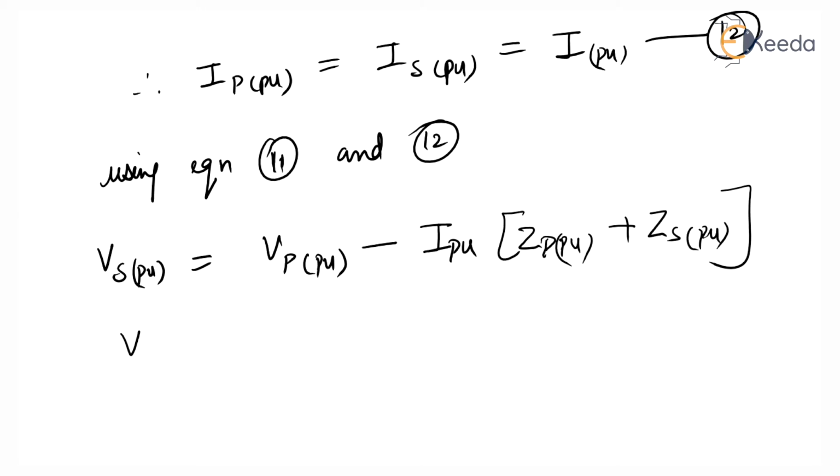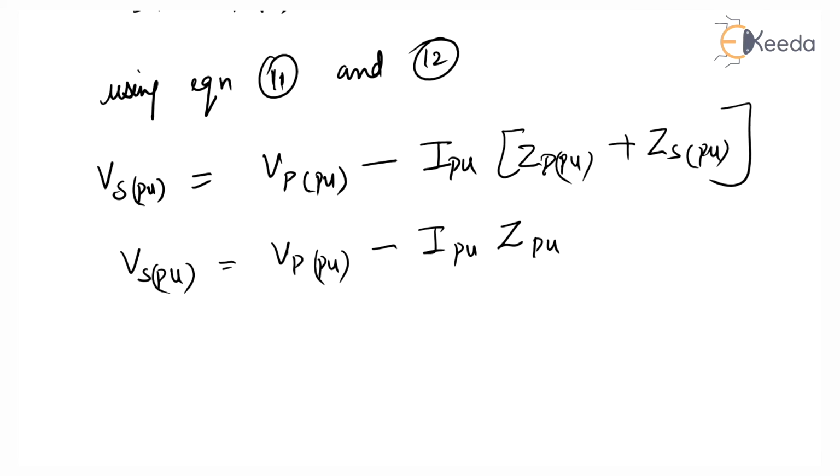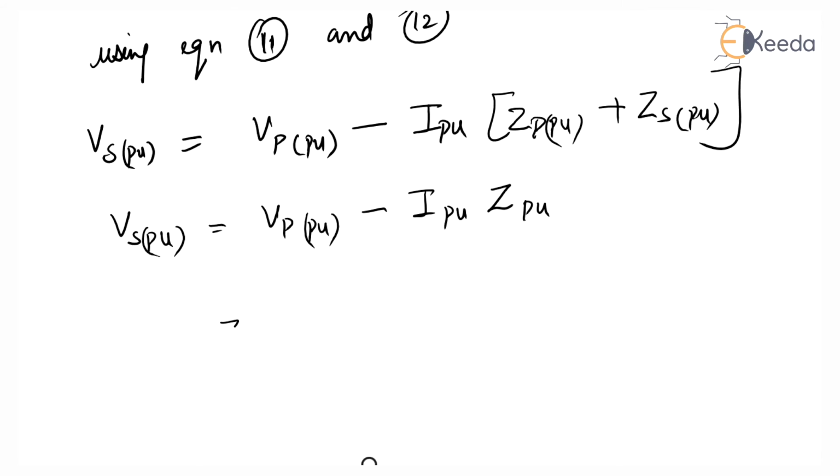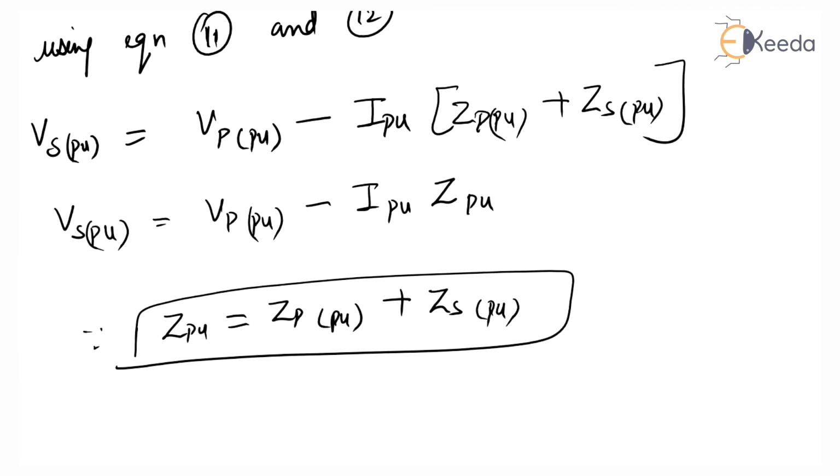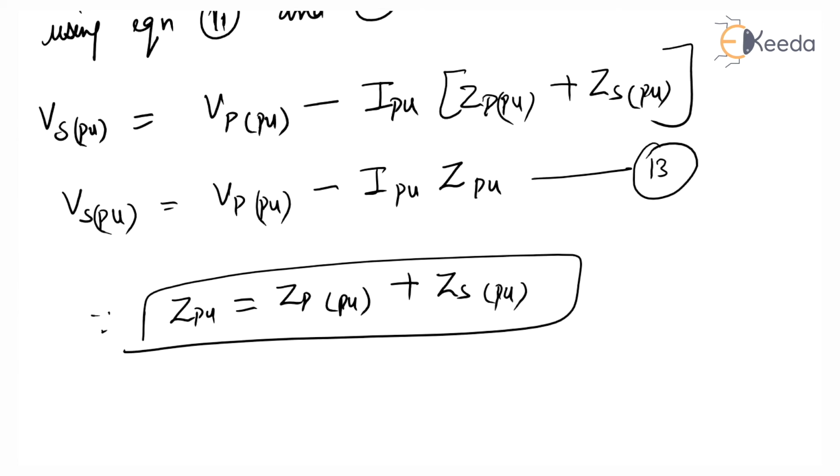Now we can write Vs per unit is equal to Vp per unit minus Ip per unit into Z per unit, where Z per unit is equal to Zp per unit plus Zs per unit. So this is equation number 13, and this is equation number 14.